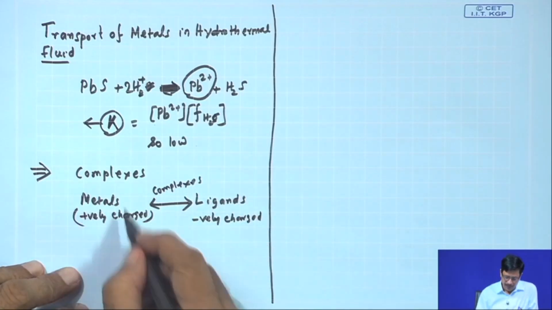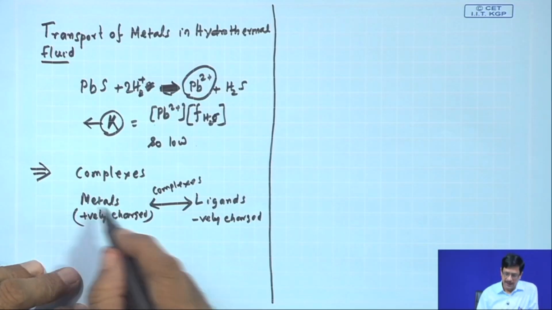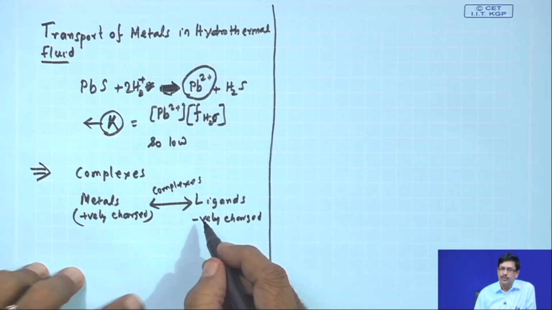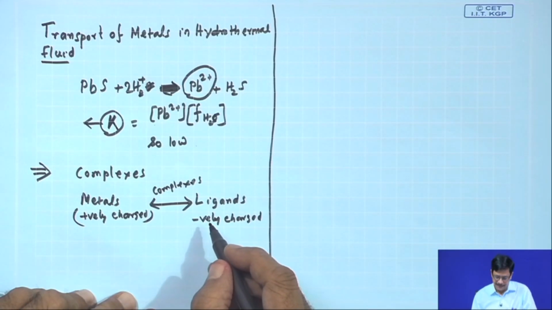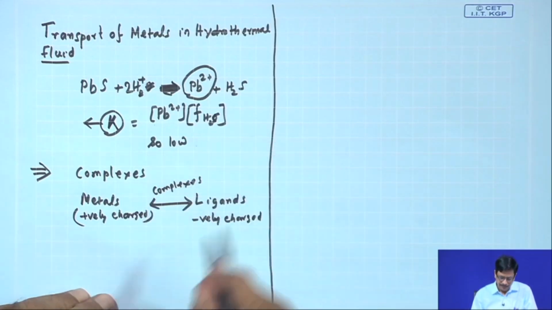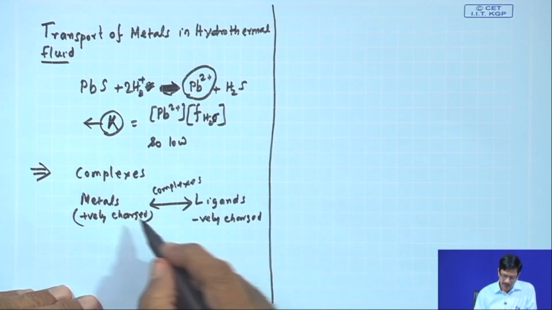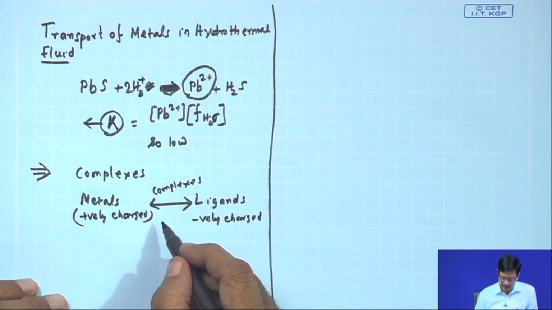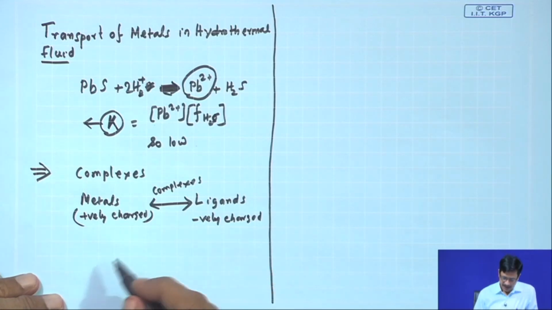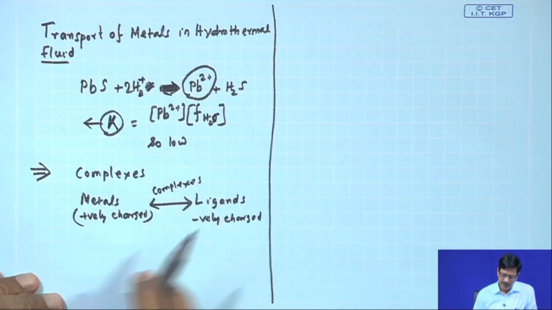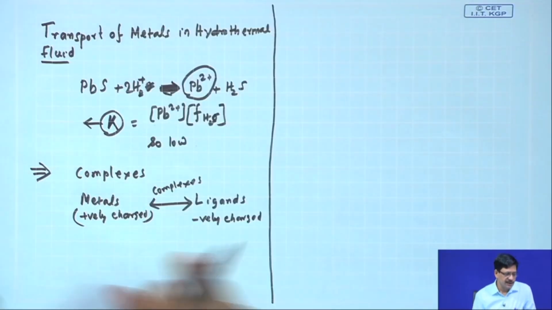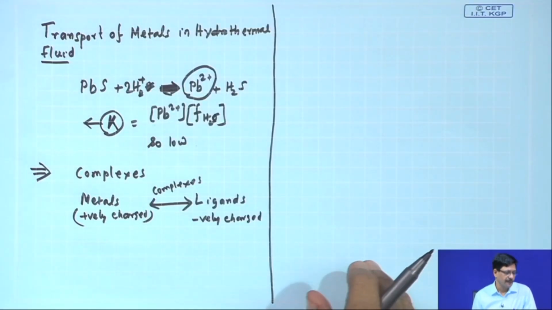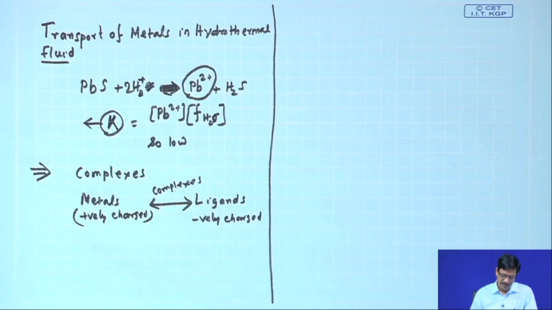While the metals are the metal ions, the ligands could be simple or complex ions. Without getting into much of the theoretical detail of such metal ligand complexing, we will see whether we can make some basic understanding of the transportation of the metals as metal ligand complexes.